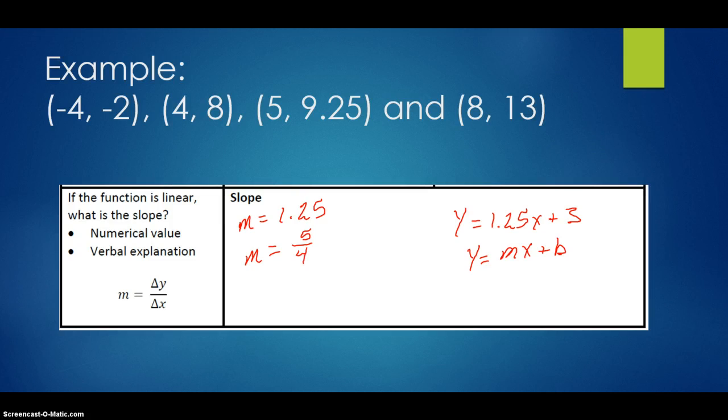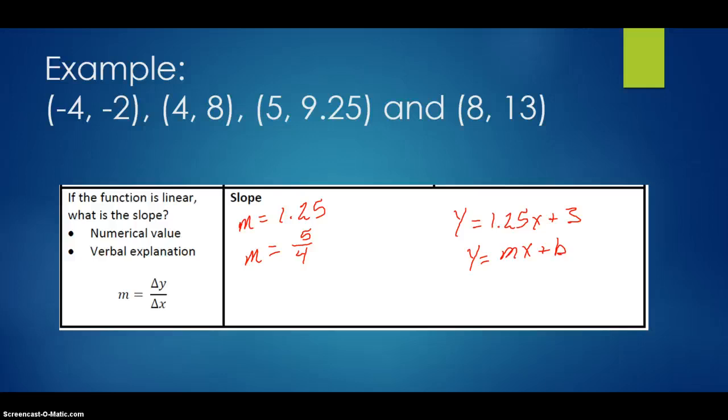5/4. Now it asks for a verbal explanation, and even though this doesn't have words associated with the values, I still want to show you what they're talking about. All you have to do is follow this fraction. If you remember, slope is the change in y over the change in x. Both of these are positive.